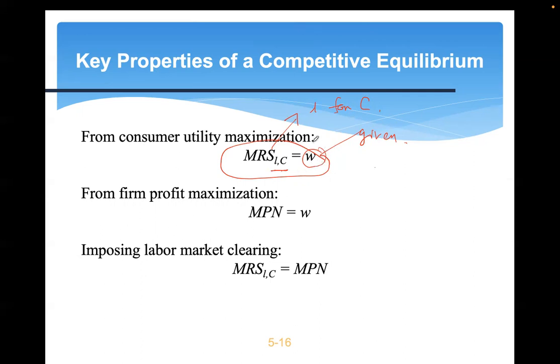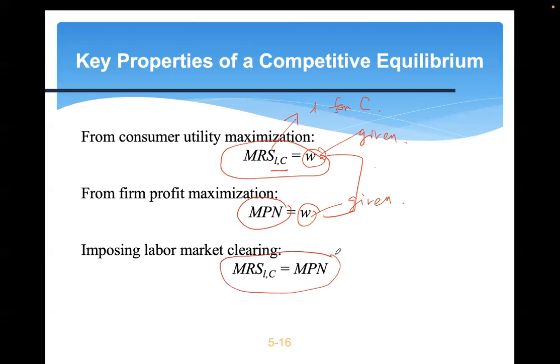So in equilibrium, we have discussed this in the previous lecture. Now for the firm, they are going to choose the labor demand such that the marginal productivity of labor equals the wage. Again, they are going to take wage as given. Now, if we impose labor market clearing, mathematically you just take these two together and you get this.